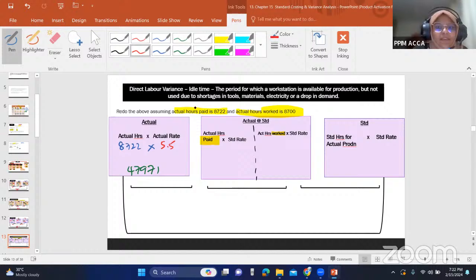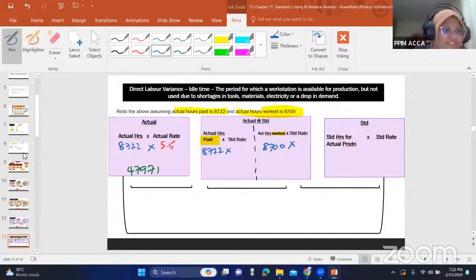Then we have the actual hours paid. The amount of hours that we actually paid them was 8,722. Standard rate we don't have yet. Actual hours worked is 8,700.